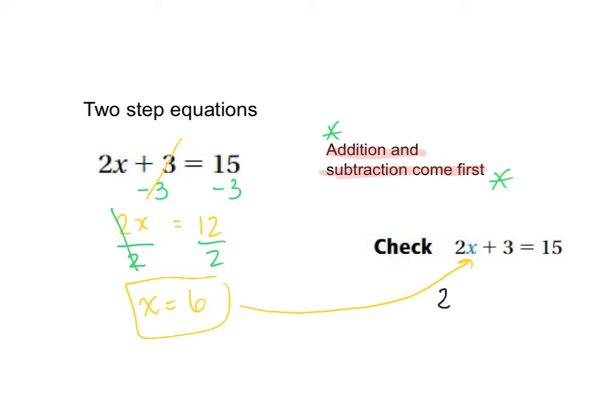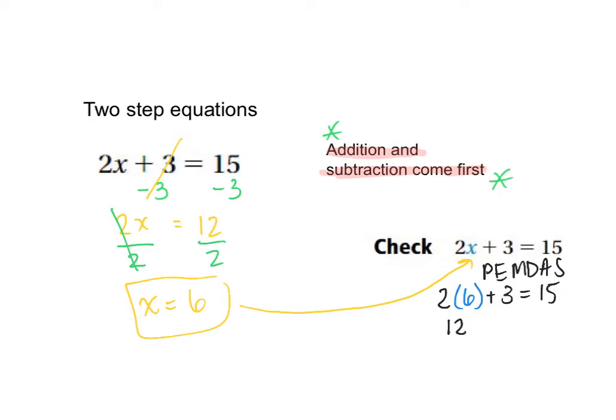Let's do 2 times, let's plug in our x, which is 6, plus 3 equals 15. Okay, so we're going to plug in that 6. So now we've got 2 times 6, which will give us 12. The reason we did multiplication first is obviously because of PEMDAS.